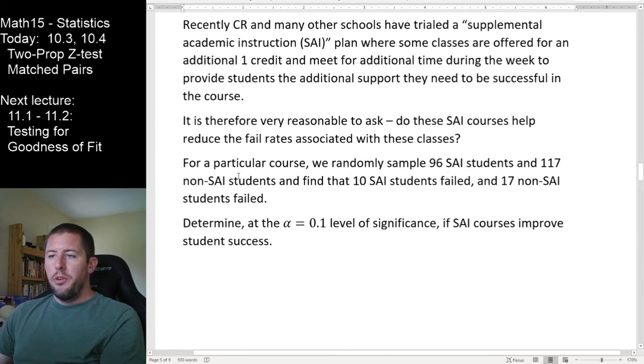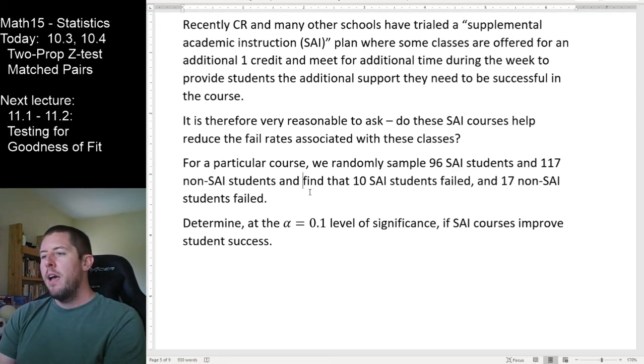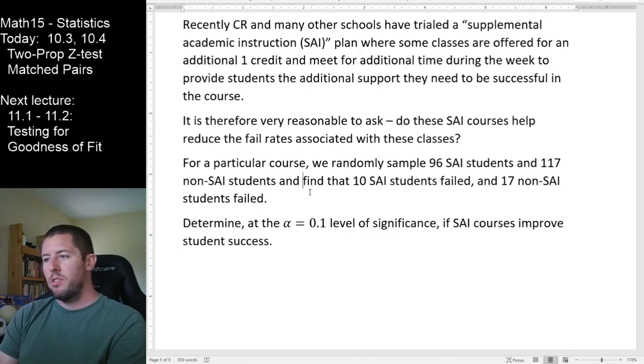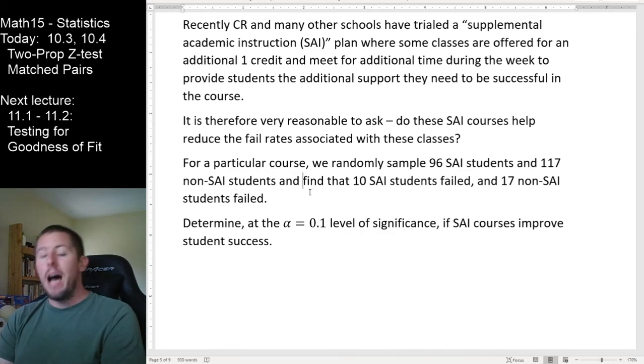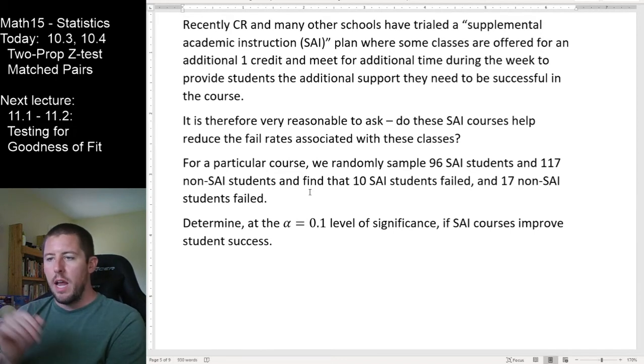So what we're going to do is hypothetically choose some particular course. It's not like we're comparing English and statistics students here. We're just going to pick a pool of just stat students, for example, and draw a sample of 96 of them that are getting supplemental academic instruction and 117 that are not. Determine the number of students that failed so that we can compare the proportion of fails with the SAI versus with the non-SAI.